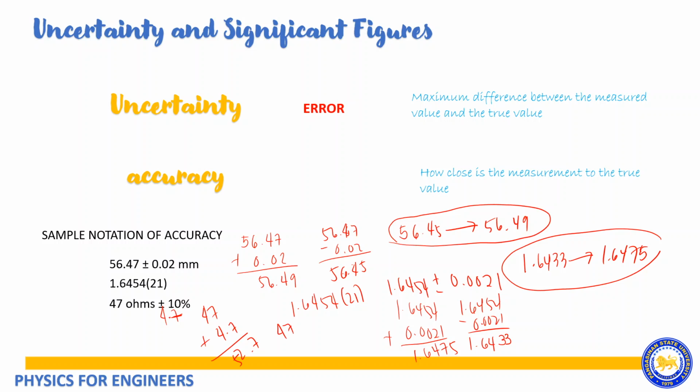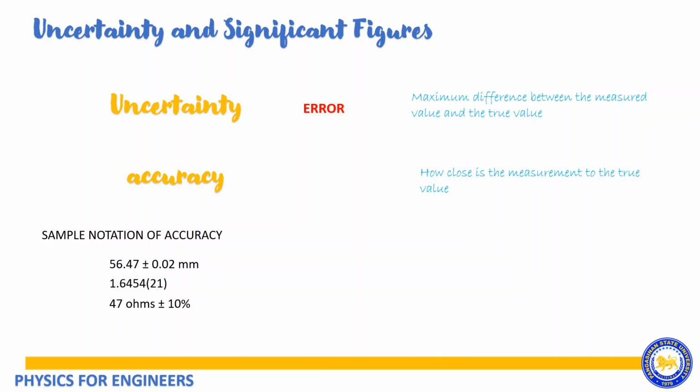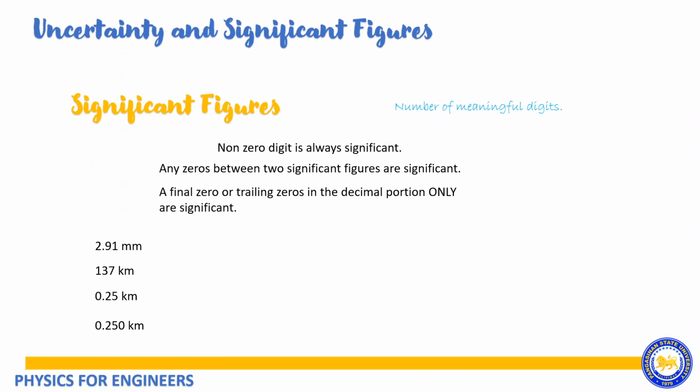Pag nag-minus naman tayo, 47 minus 4.7, that is 42.3. So, magre-range yung values nito from 42.3 to 52.7 ohms. Okay? So, yun ang ibig sabihin ng accuracy. Okay? Next, let's proceed to significant figures.